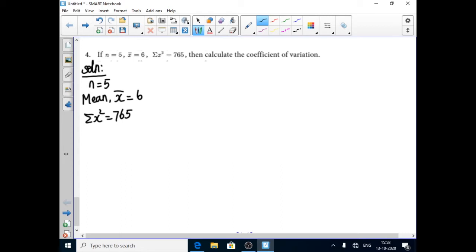So now write the formula. Coefficient of variation, C.V, or you can write the formula directly: sigma by x bar into 100.